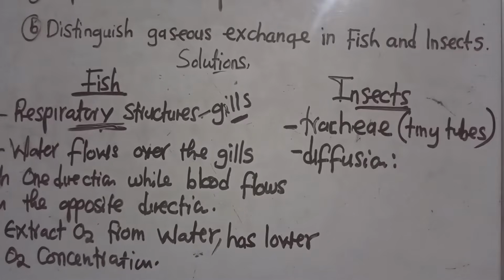Oxygen enters the body through the spiracles and diffuses directly into cells. Carbon dioxide then travels in the opposite direction. Insects can regulate gas exchange by opening and closing their spiracles to minimize water loss.